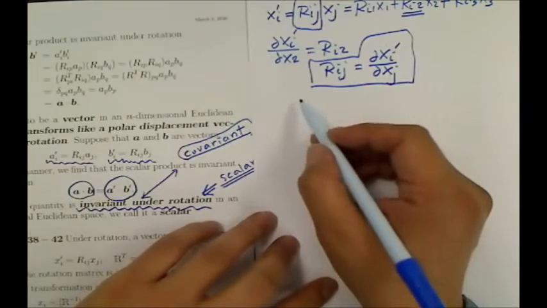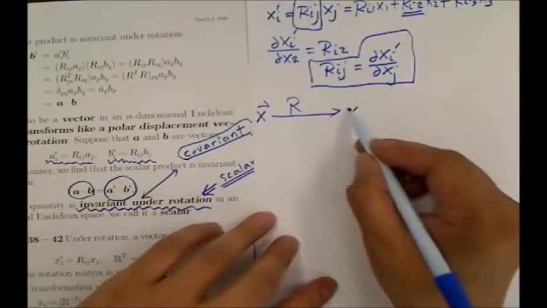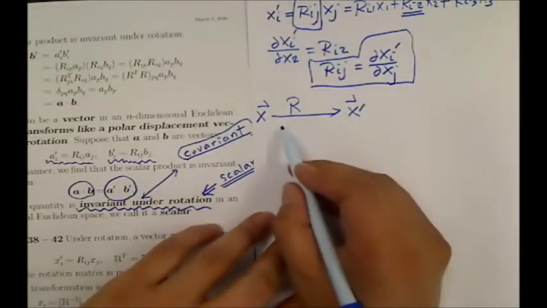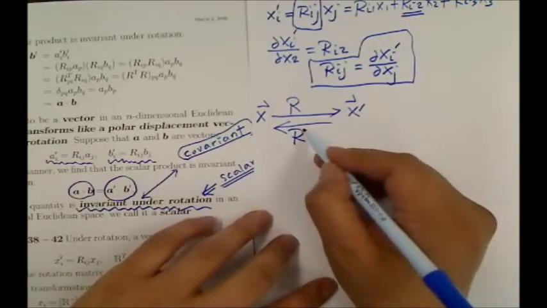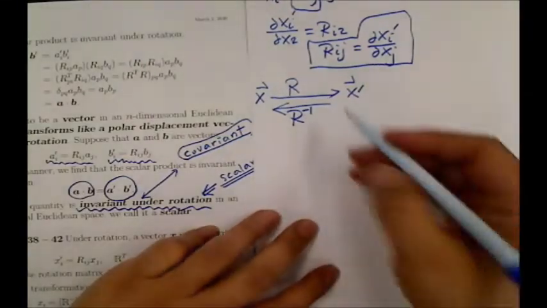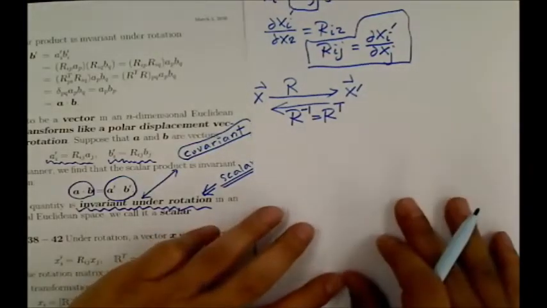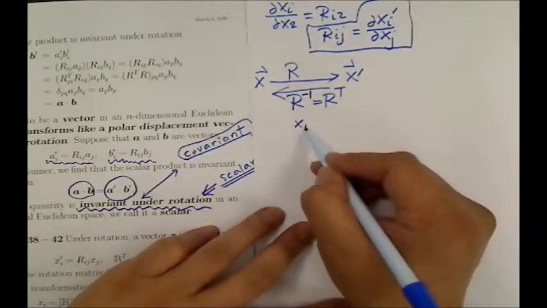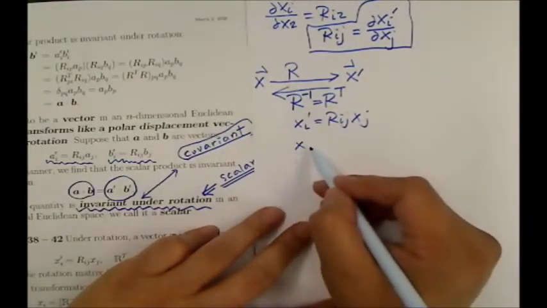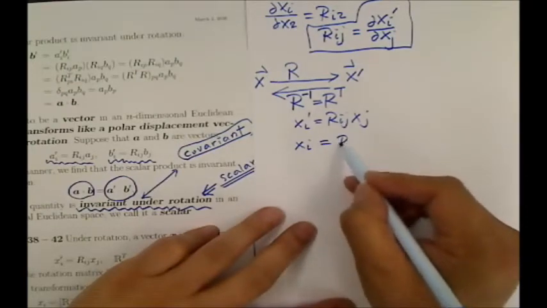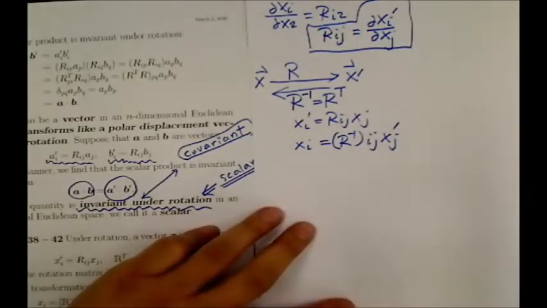R is a transformation from x to x prime. If I want to transform x prime into x, what I multiply on the left is R inverse. But actually R inverse is the same as R transpose. Therefore, xi prime equals Rij xj, and xi equals R inverse ij xj prime.